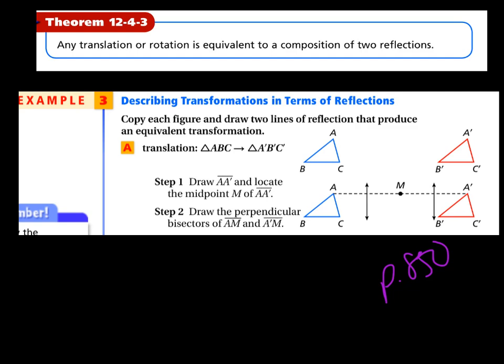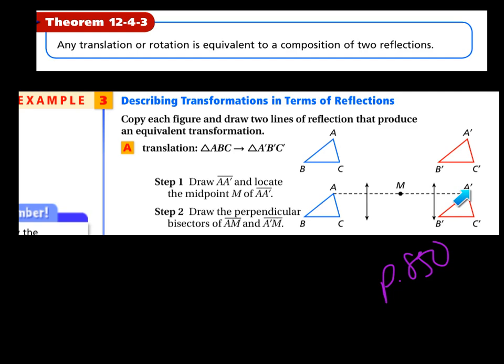So we know that since this is a translation, a translation is the same thing as two reflections. So this is where it gets a little tricky. We have to go back to our original theorem that we learned. If you remember, it says the length of the translation is twice the distance between the lines. So if we look at what we did here, we draw A to A prime.